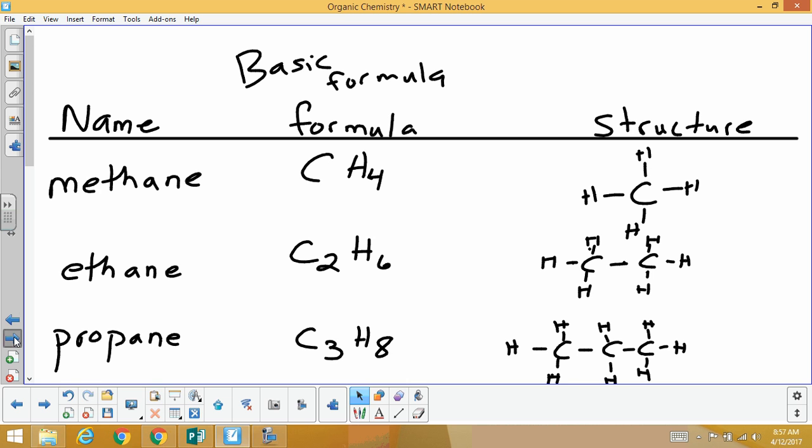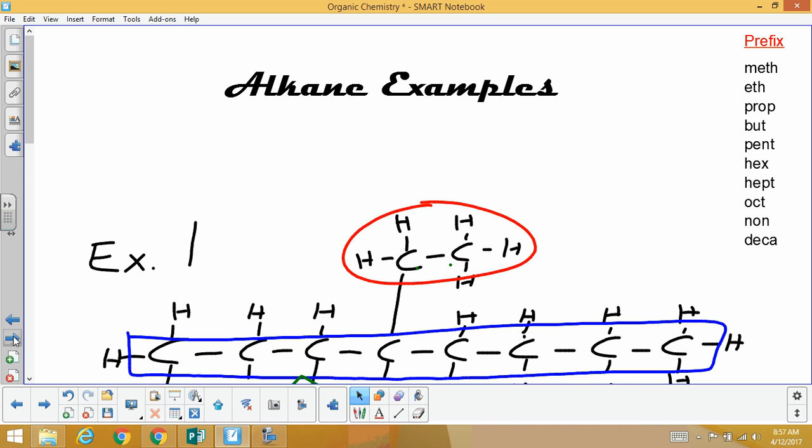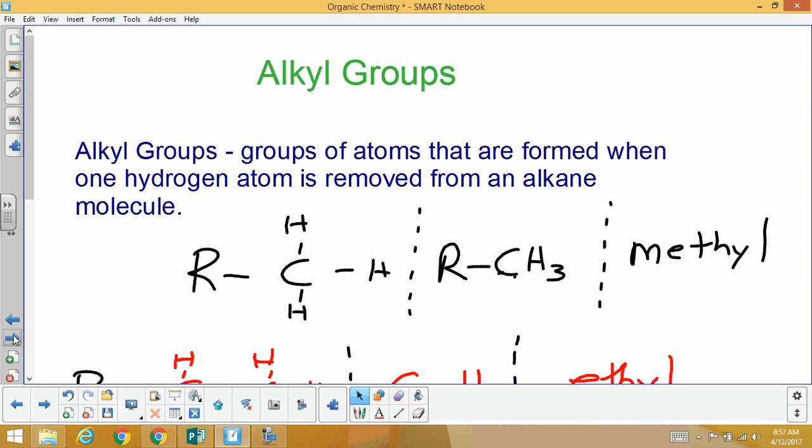We're going to name these branches. These branches are going to be referred to as alkyl groups. An alkyl group is a branch off the main chain. So technically it's groups of atoms that are formed when one hydrogen atom is removed for an alkyl group. So the R refers to the rest of the molecule, the rest of the chain.